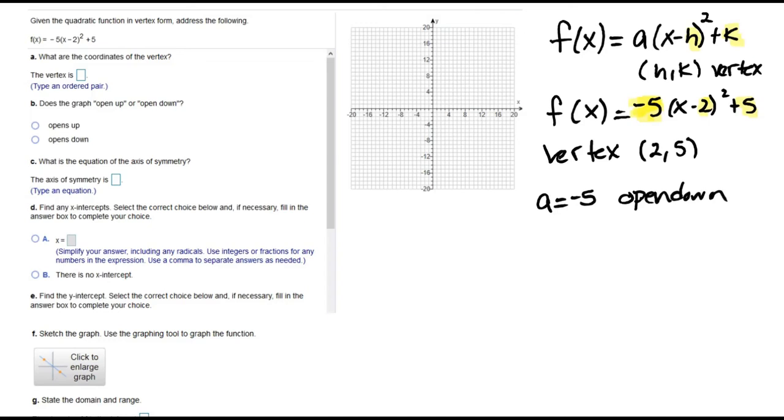The next part says, what is the equation of the axis of symmetry? So for a parabola, when you draw it, the vertex is right here. We have an imaginary line that goes through that vertex that's called the axis of symmetry.